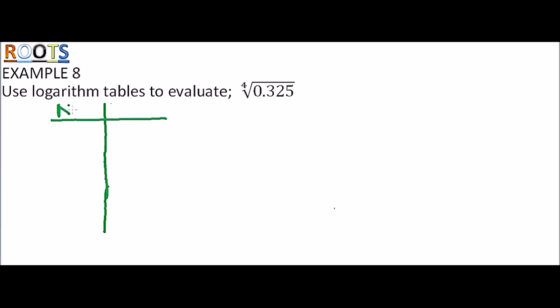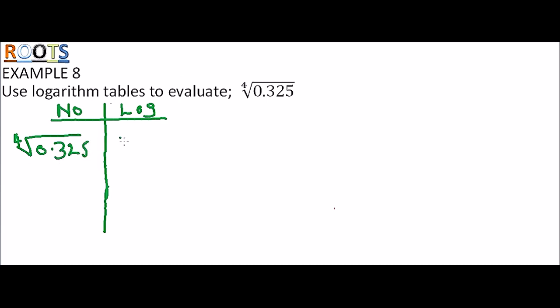Here we have the number, and here we have the logarithm. From there we have the fourth root. So we have the fourth root of 0.325.